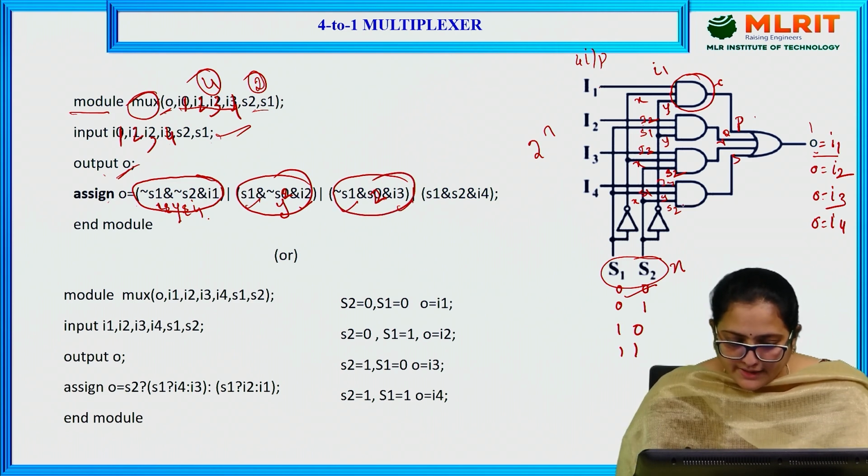For the fourth AND gate, it will be S1, S2 and I4.